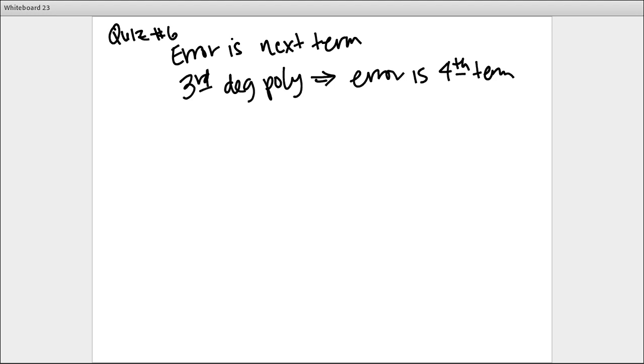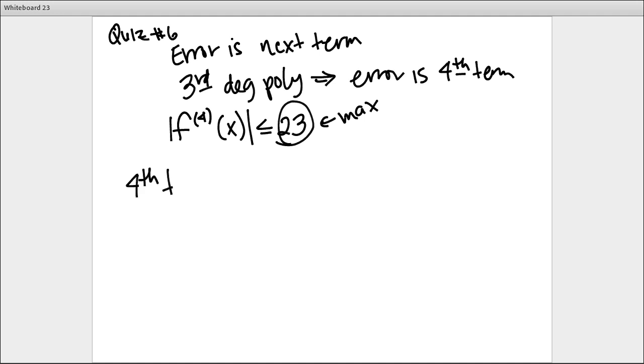So that's why I knew for quiz number 6, they gave us a third degree polynomial. They also gave us a maximum for the fourth derivative of f evaluated at x. They said it's less than or equal to 23. So that's giving me a bound, a maximum right there.